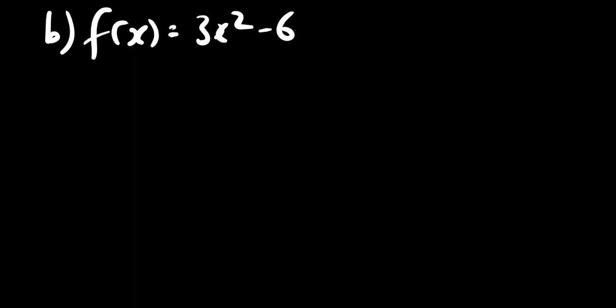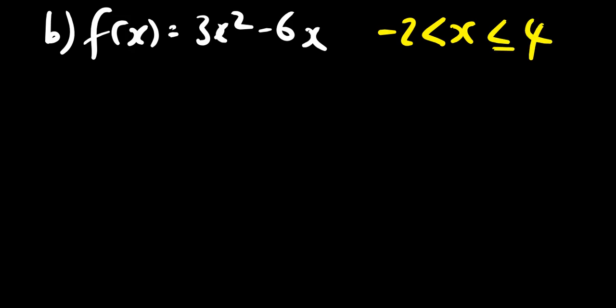Okay, so our next question is f(x) = 3x² - 6x. Your domain in this case is x, a member of all real numbers, from -2 to 4, like that. Now how do we solve?